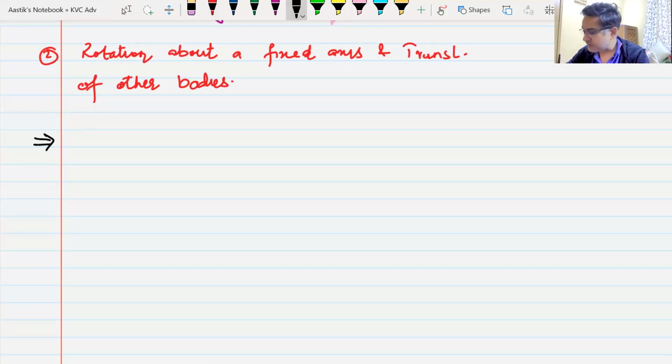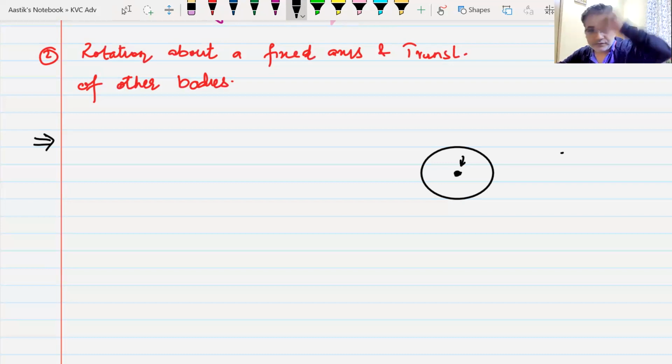How are we going to solve a question like this? Just to give you an example, there would be a body, let us say like this, a disc. Now this disc is hinged about this point, and it will have some rope wound around that disc, and then a mass would be hanging from that rope.